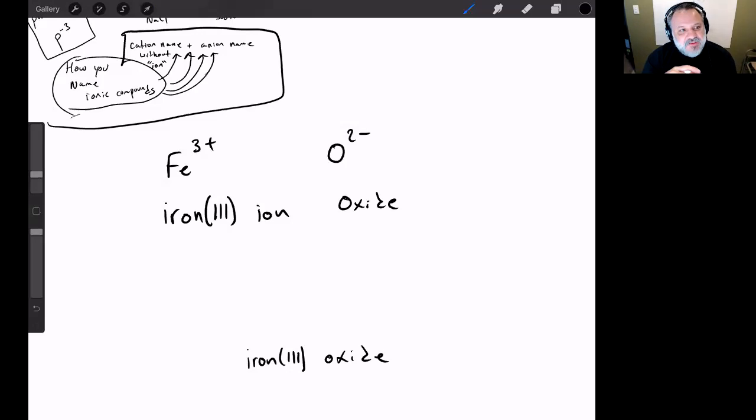Now, one thing that I haven't done for iron 3 oxide is write down the formula yet. And the formula is not difficult, but it's not trivial either. In the case of sodium chloride, the formula was NaCl. What I'd ask you to remember is that an ionic compound is made from ions.